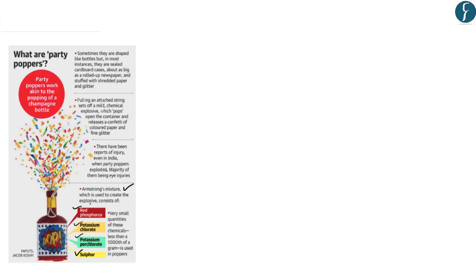Even though very small quantities of these chemicals are present, they are still harmful as they pose a health risk, and there have also been reports of injury when party poppers have exploded. From the exam point of view, what is important for you to remember are the harmful chemicals found in party poppers, which are these 4 chemicals. With this, we will move on to the next article.